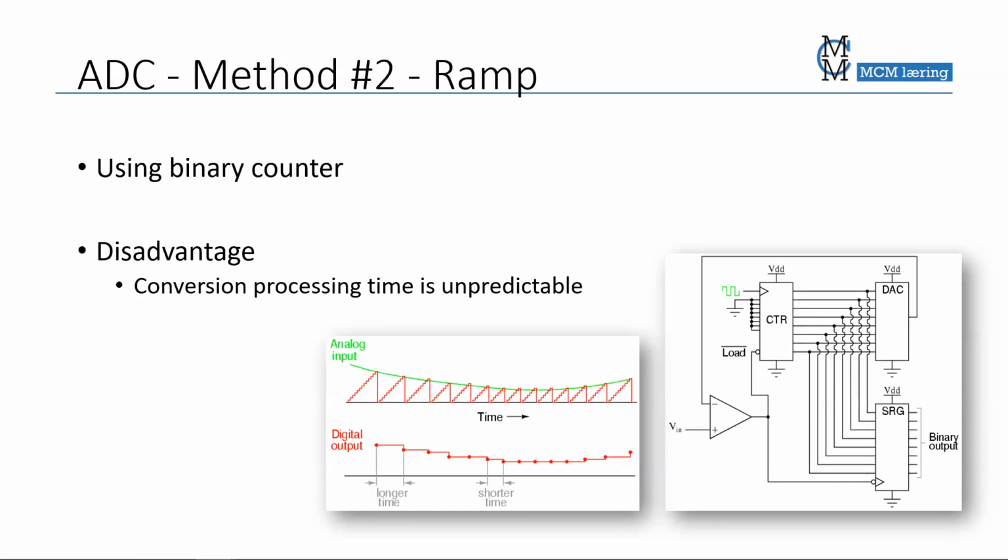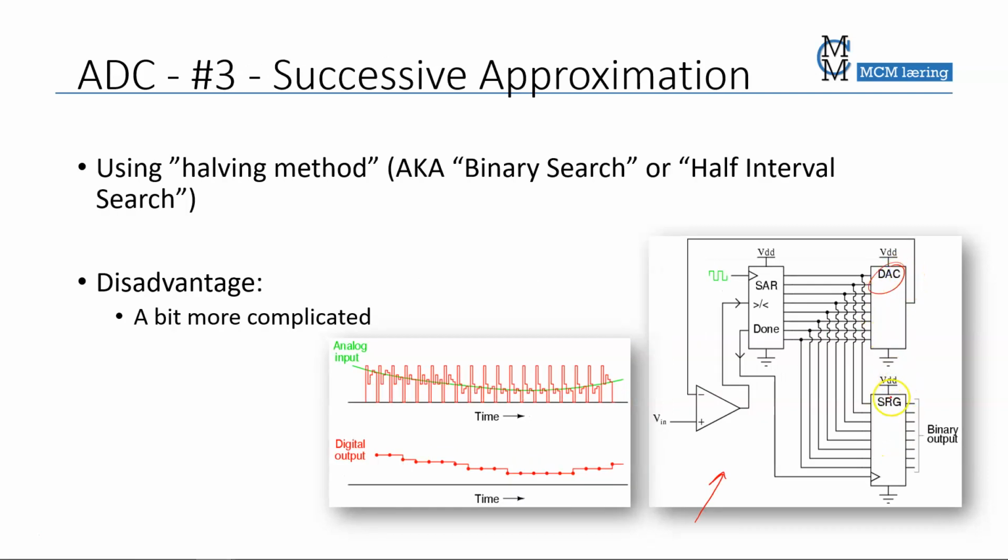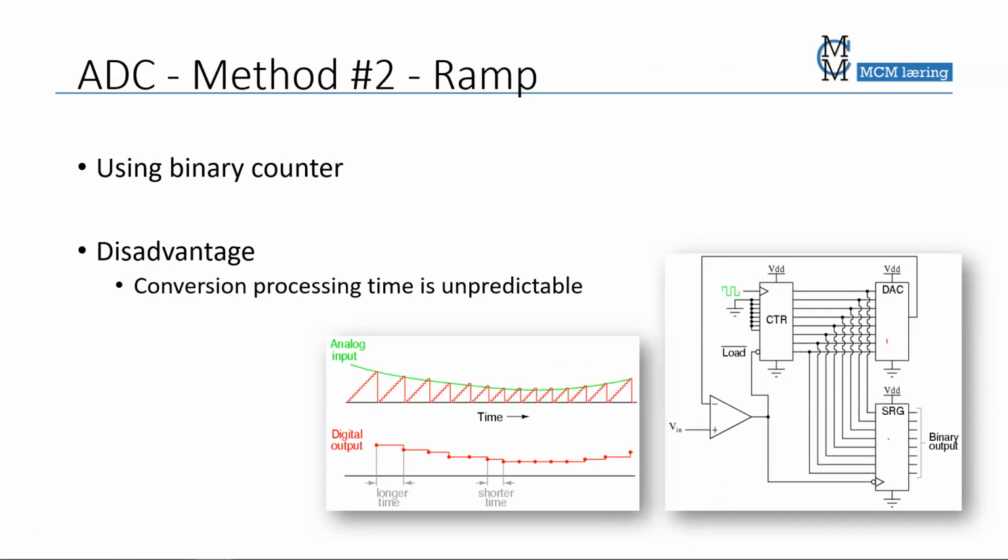There is one small difference. You have the DAC, which is the digital analog converter, and a storage register. But you have here an SAR, successive approximation register, instead of the counter.